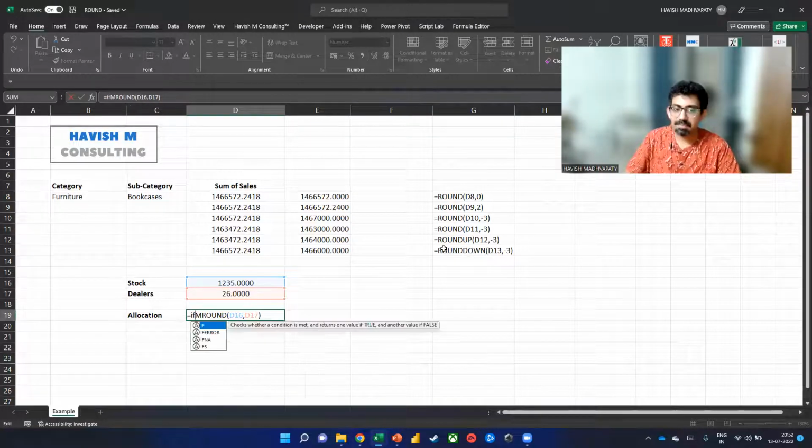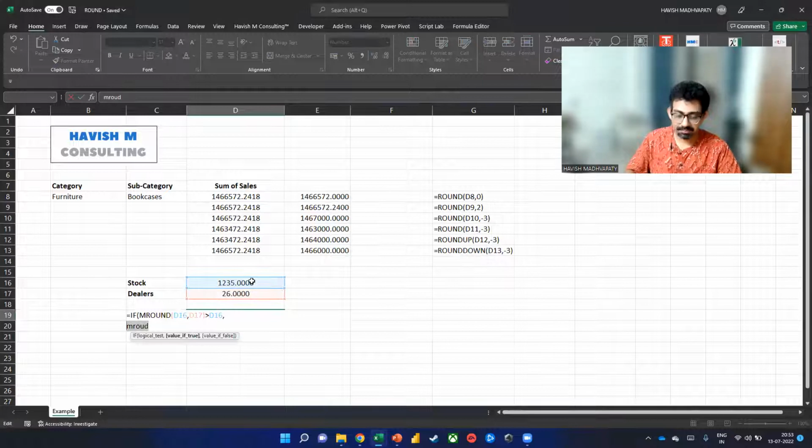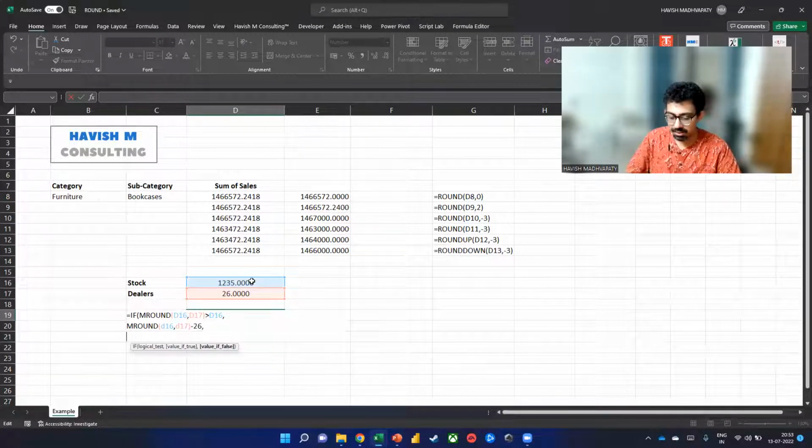So maybe I can simply say that if the MROUND is greater than the original value, if it is greater than 1235, then what would we like to do? We would like to do the MROUND, but once we have done the MROUND, we would like to subtract the number one time. So minus 26. Otherwise, we'll do the MROUND as it originally was, like this.